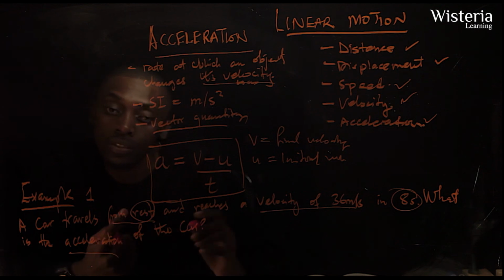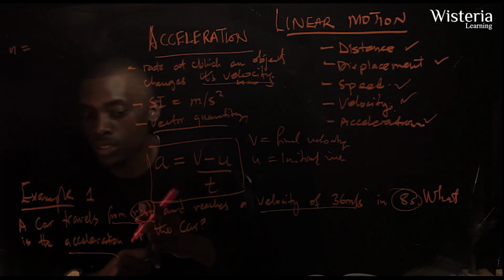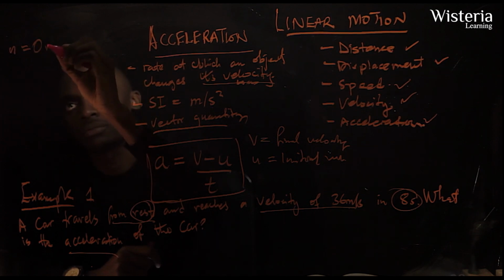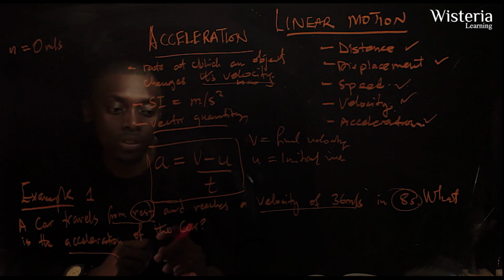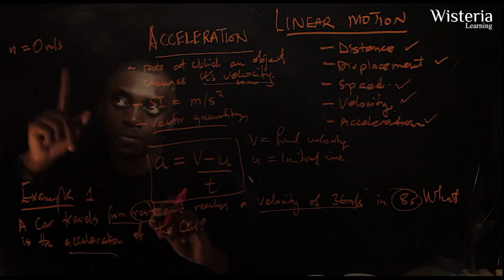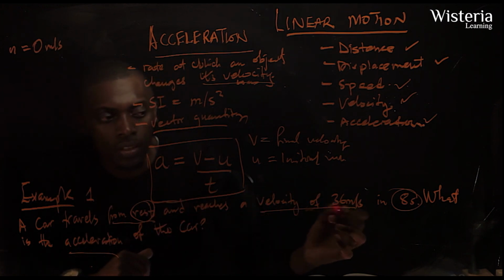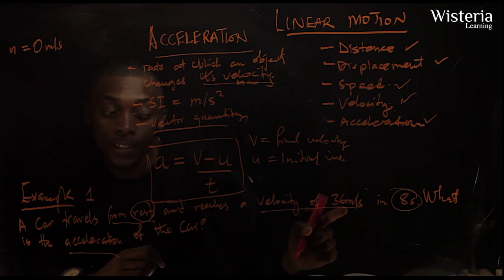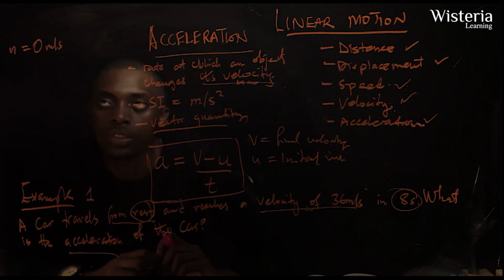Therefore, an object which is not in motion has an initial velocity of 0 meters per second. And then we are told that this car starts from 0 meters per second and increases velocity to 36 meters per second. This means that was its final velocity, its maximum velocity attained.